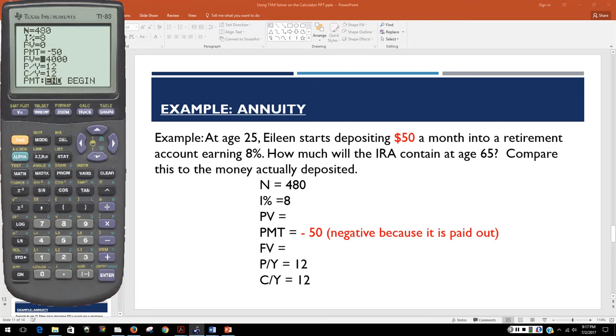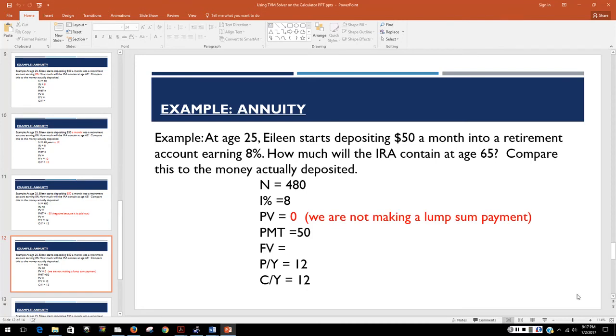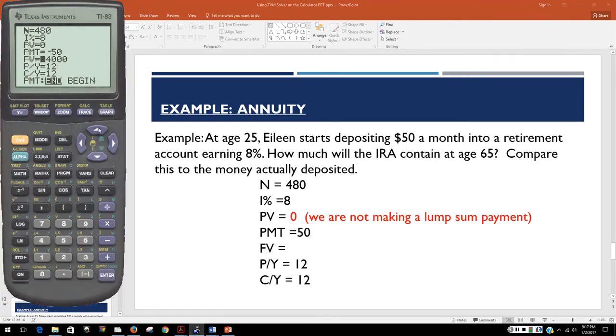And then on the next slide, we make a note that we have entered the present value of 0. Because we are not making a lump sum payment, the present value would be entered as a 0. And the only thing that we have right now that we don't know is the future value. The future value would still be blank.